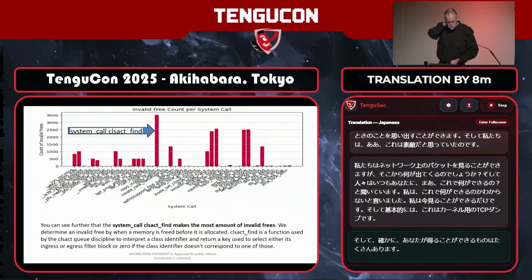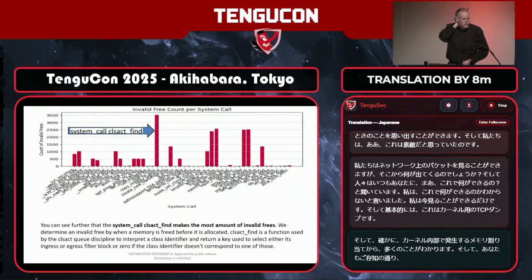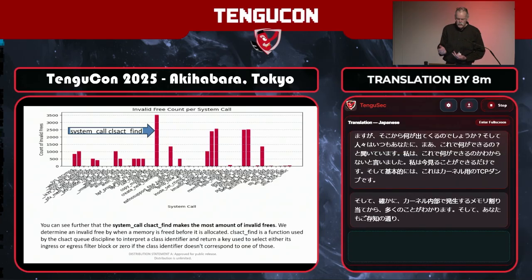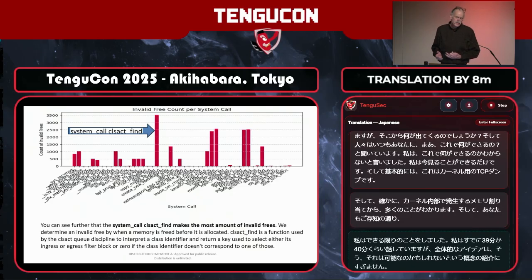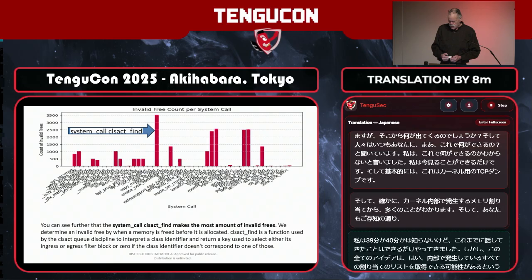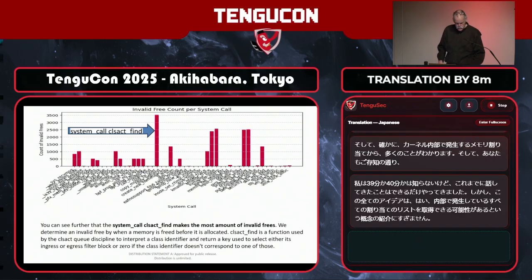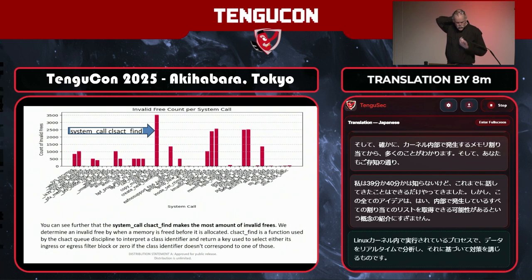And I've done what I can do in some 39 or 40 minutes I've already talked, but the whole idea is just an introduction to the idea that, yes, it is possible to get a running list of all the allocations happening inside a process running in the Linux kernel, and do data analysis in real time against that to provide a forensic look at system calls.